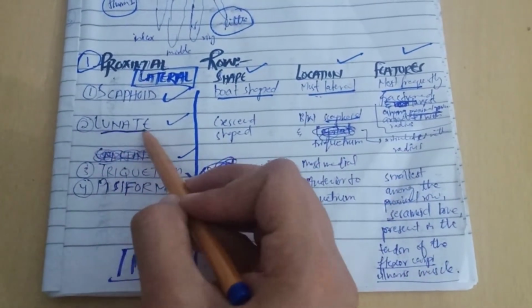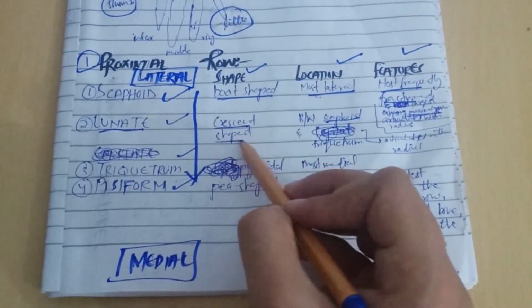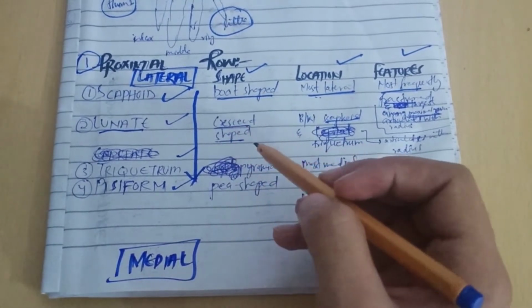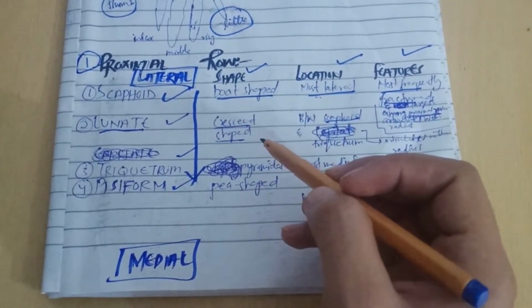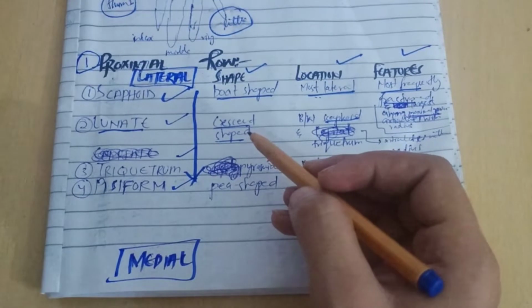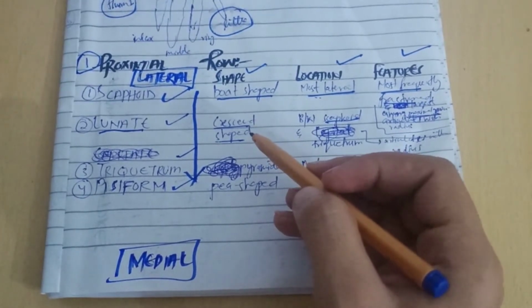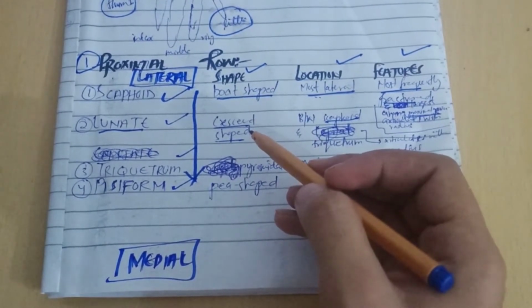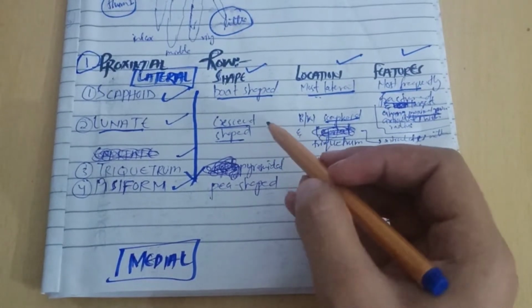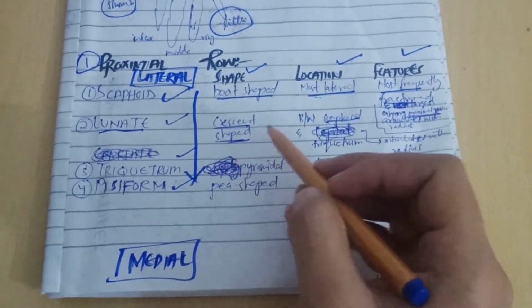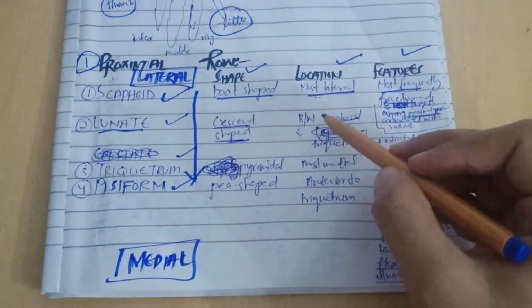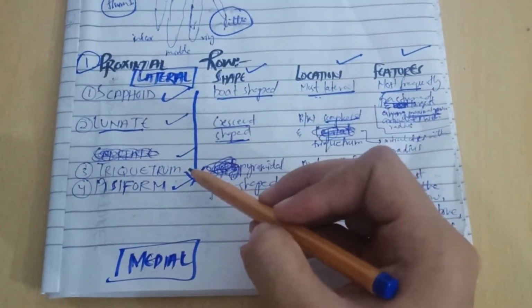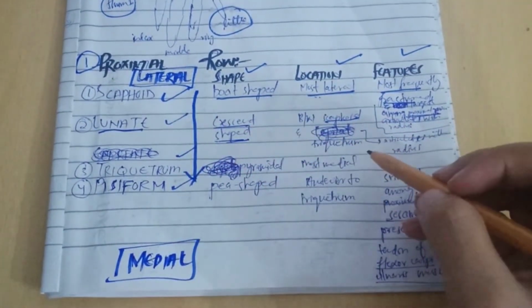The second bone is the lunate. The lunate is a crescent shaped bone, as the name specifies, it is associated with the word lunar, which is used for the moon. So it is a crescent shaped bone, and it is located between the scaphoid and the triquetrum bone.